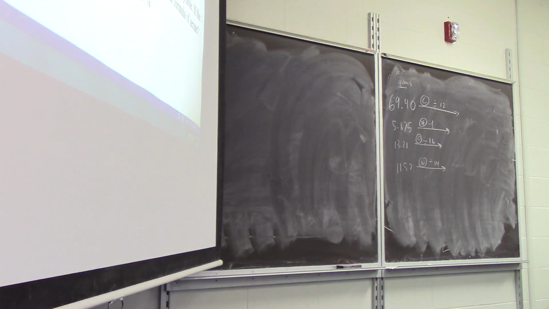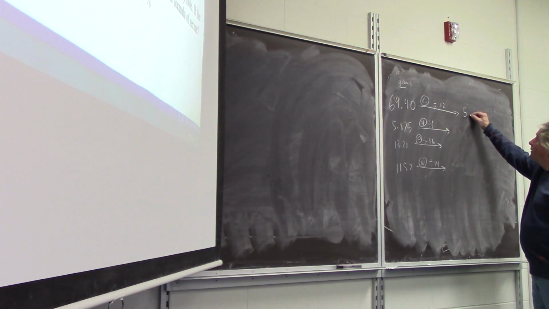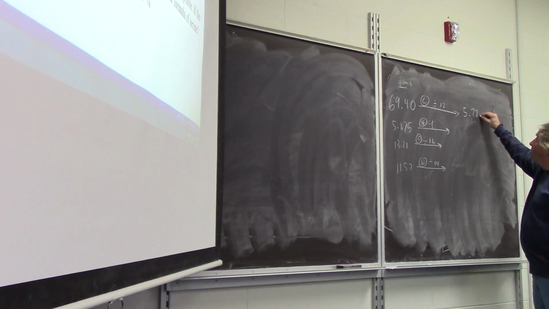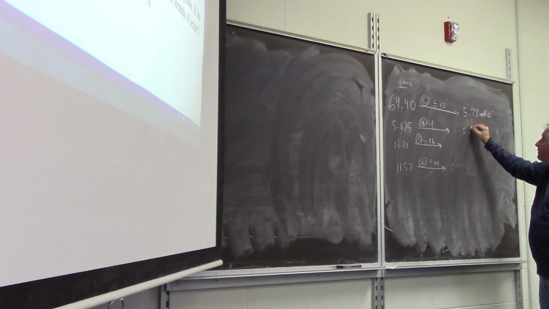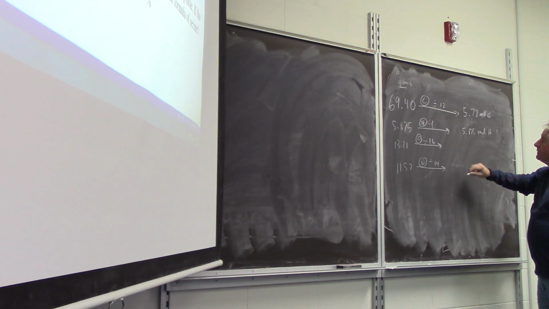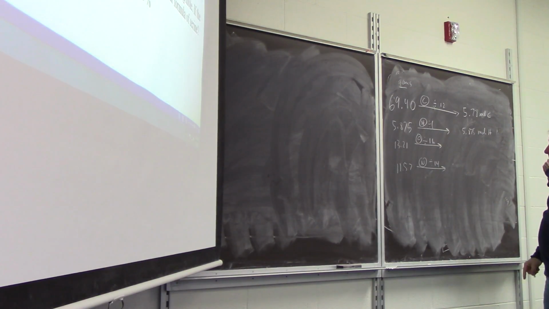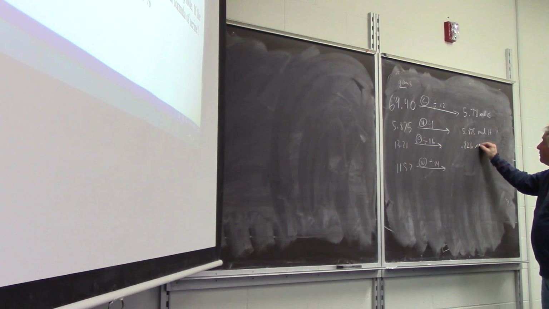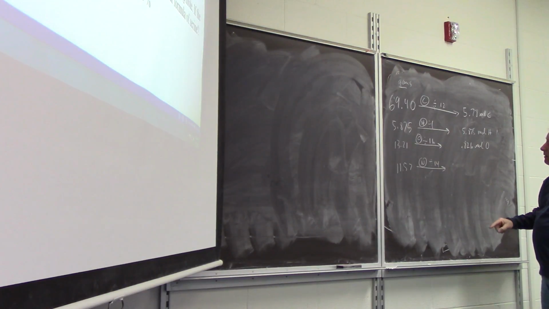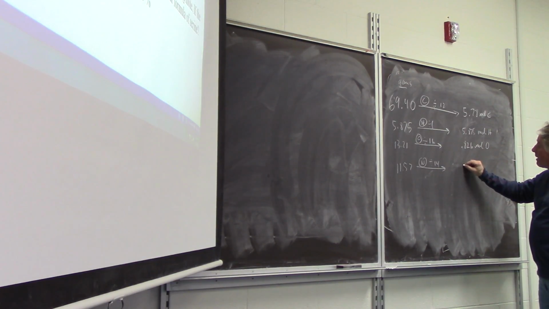So 69.4 divided by 12 is 5 point something. 5.78 moles of carbon. 5.875 moles of hydrogen. 13.21 divided by 16 is 0.826 moles. And 11.57 divided by 14 is 0.826.